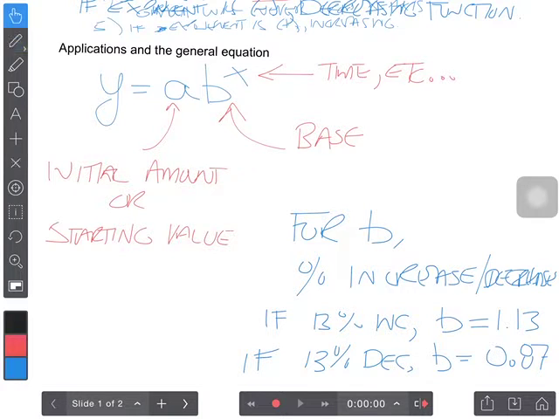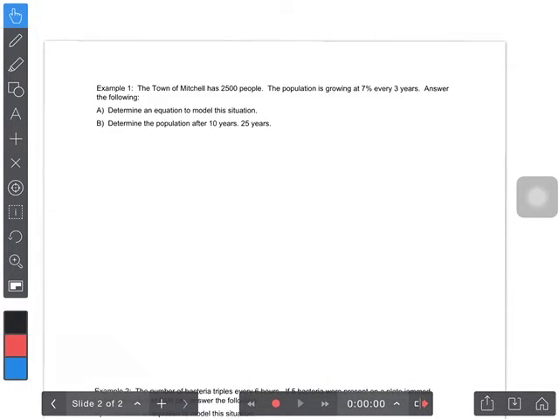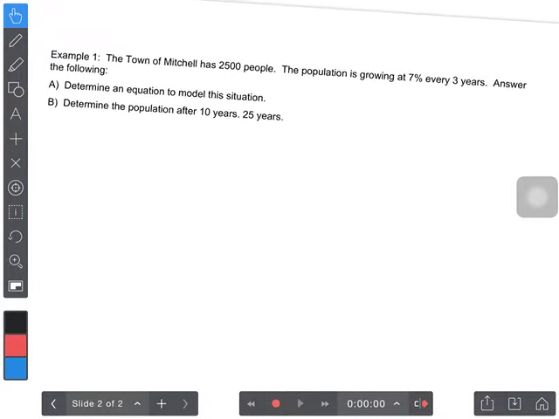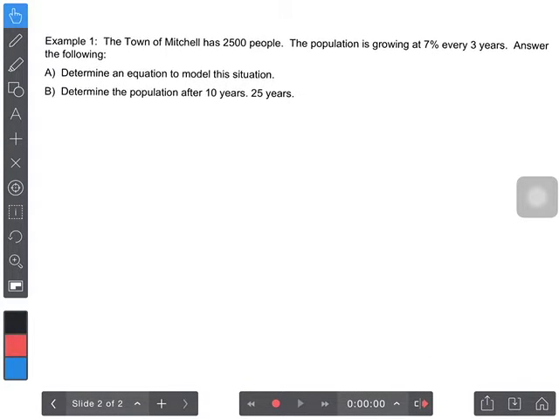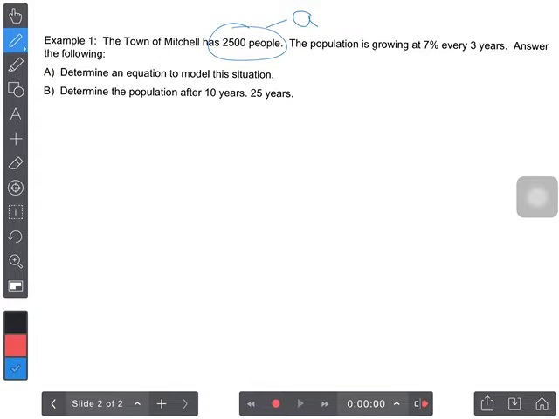I only have 2 on the next page. So if you flip over to the next page here, the first one up here, it says that the town of Mitchell has 2,500 people. So this is an initial value. This is going to be our A value, the starting value.